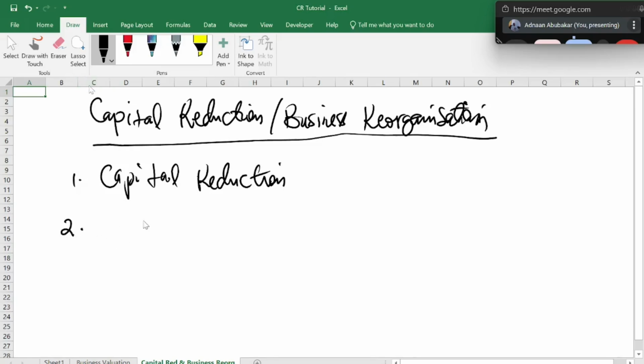Two, also look at reorganization. We look at reorganization, and the reorganization is where you will look at what we call maximum loss.